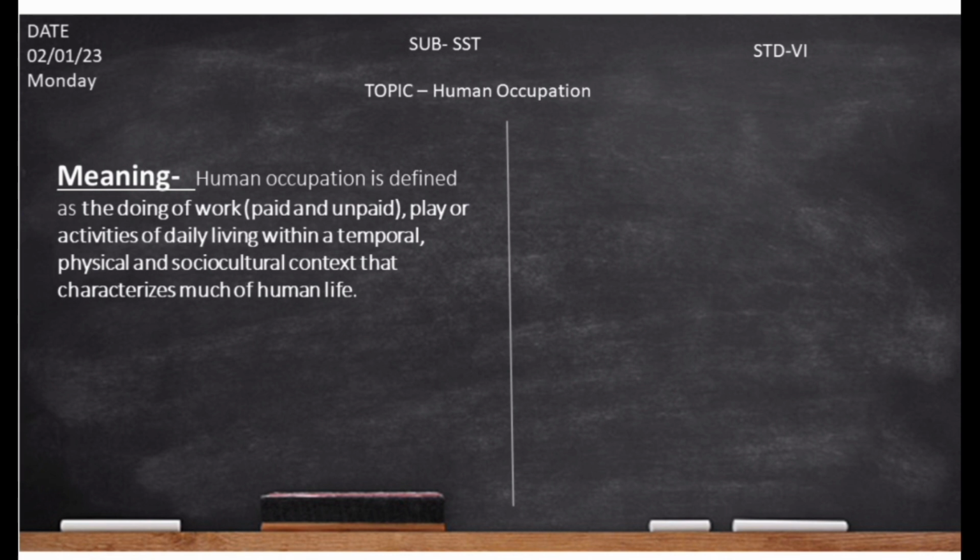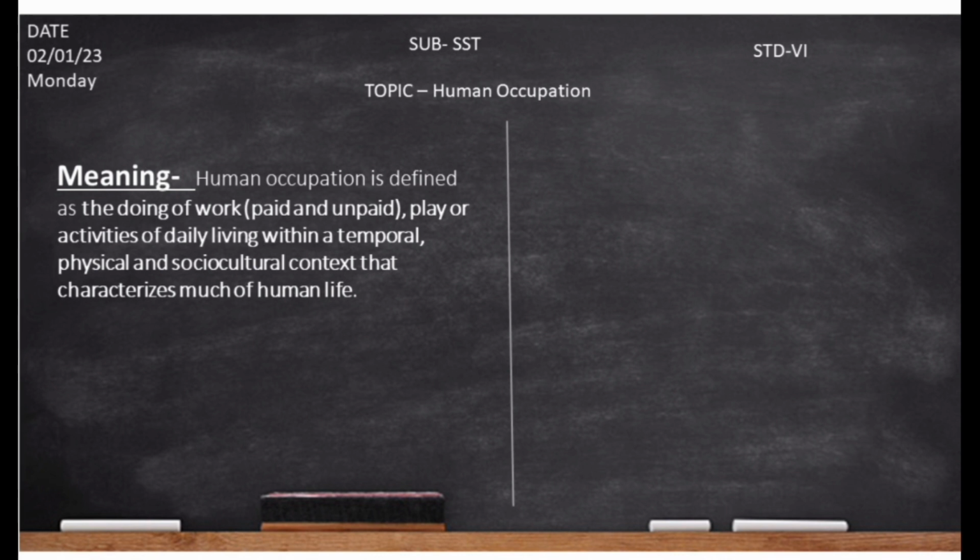So for fulfilling those needs, people need to work to earn money. And for working, they need to choose a profession. The profession or field in which they are working is known as occupation.